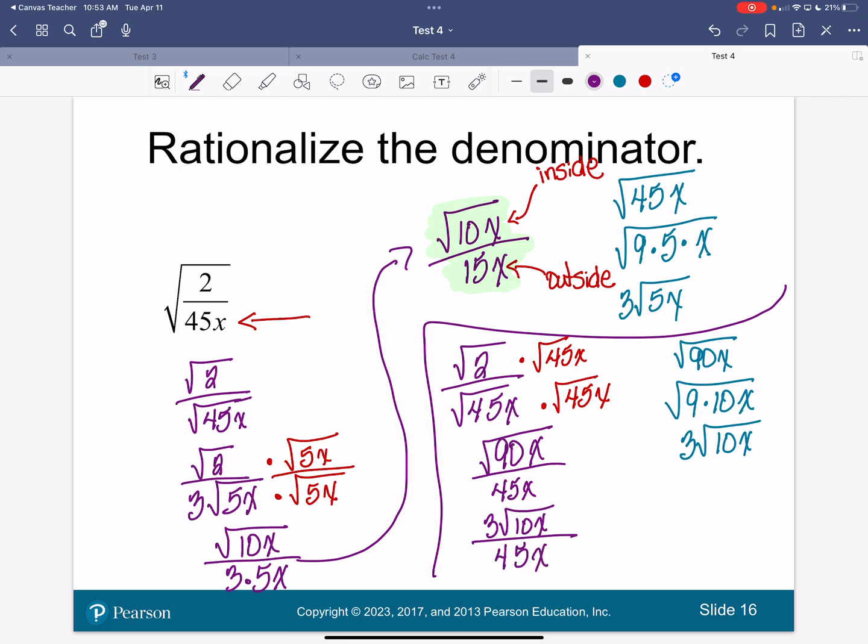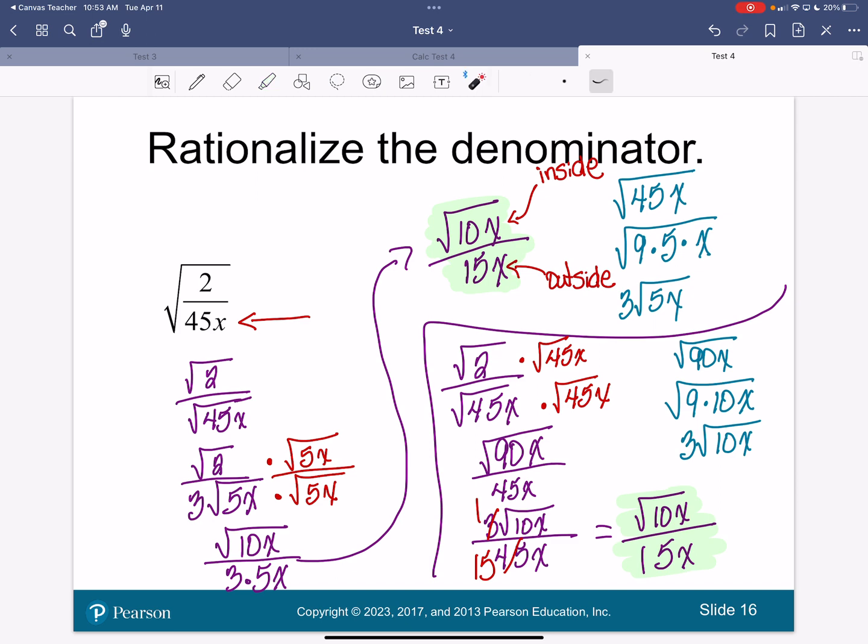And can 3 and 45 simplify? Yes. 3 goes into 3 one time, 3 goes into 45, 15. So then my final answer here is the square root of 10x over 15x, thank you.